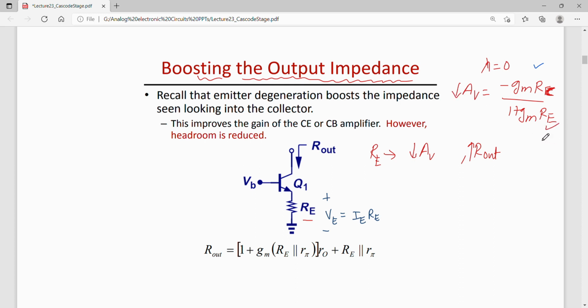But the output impedance increases. And if I want to use this BJT as a current source, then I need to ensure that output impedance is infinite. So to improve the output impedance, one can use emitter degeneration resistance in a common emitter configuration. And we had calculated the output impedance of this configuration earlier as this much, in our previous lectures.